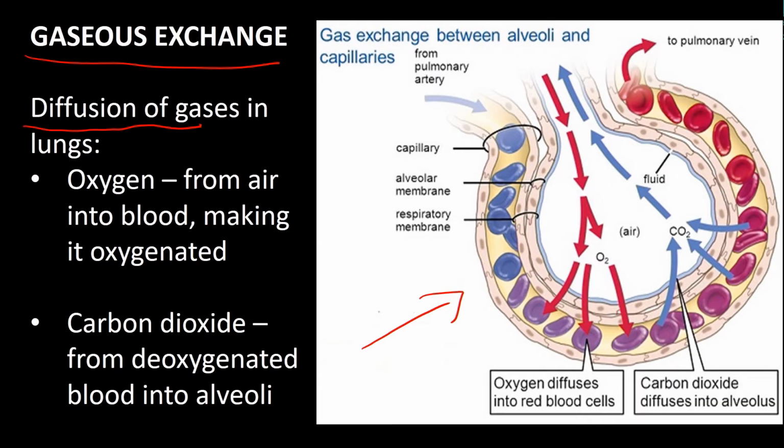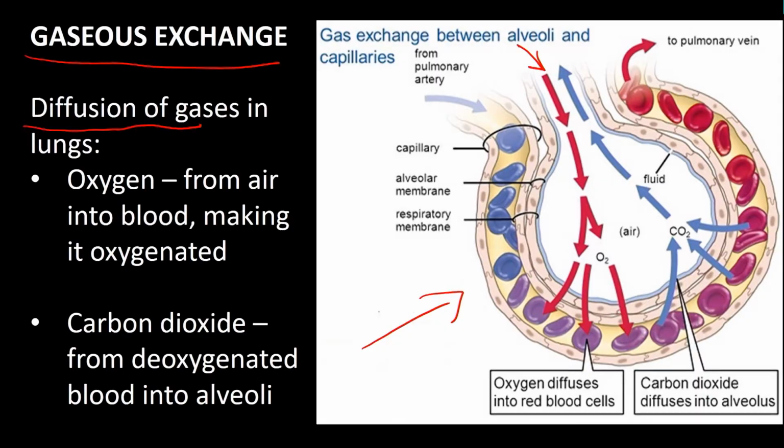Now, the air you breathe in has got about 20% oxygen in it. The air you breathe in has got a very low percentage of carbon dioxide, less than 1%. So the air you breathe in is quite high in oxygen.